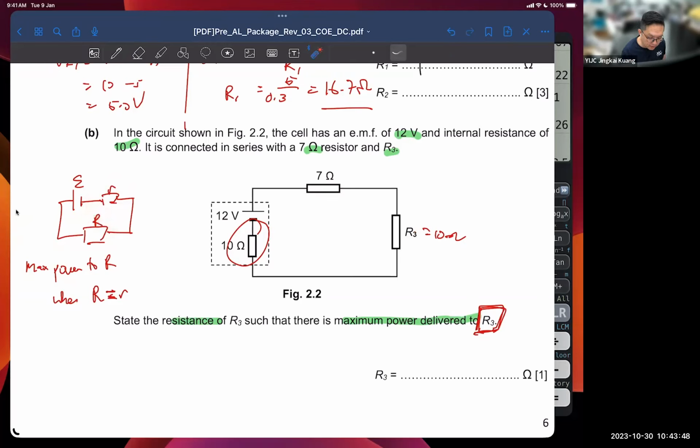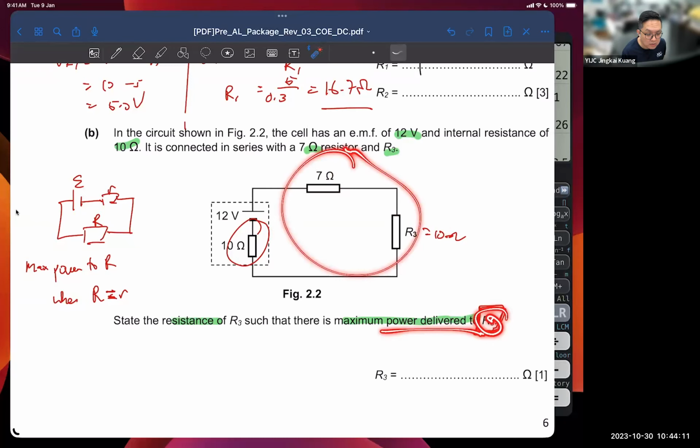But in this case here, your terminal voltage is actually across 7 and R3. So you want to find the maximum power delivered to the whole circuit, then these two together must give you 10.